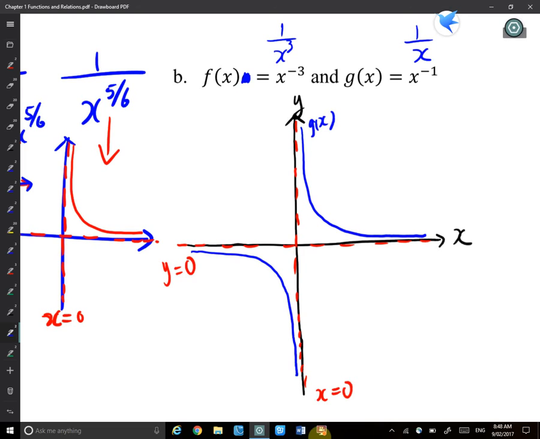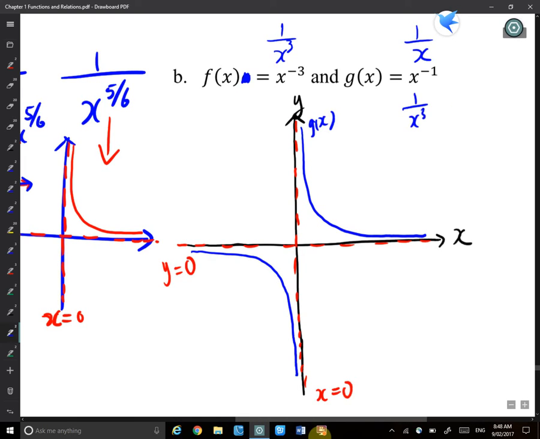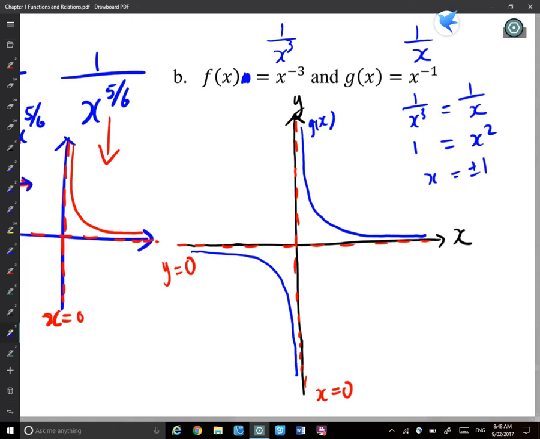And if I want to solve this, I'll times x to the power 3 on both sides. You solve out x equals plus minus 1, right? So let's say we have 1 and 1 here, and minus 1 here.